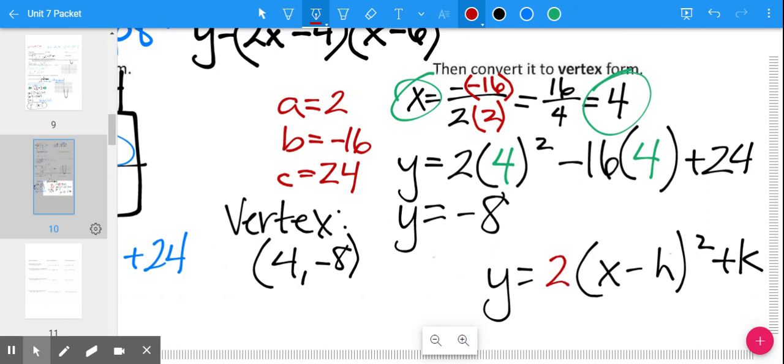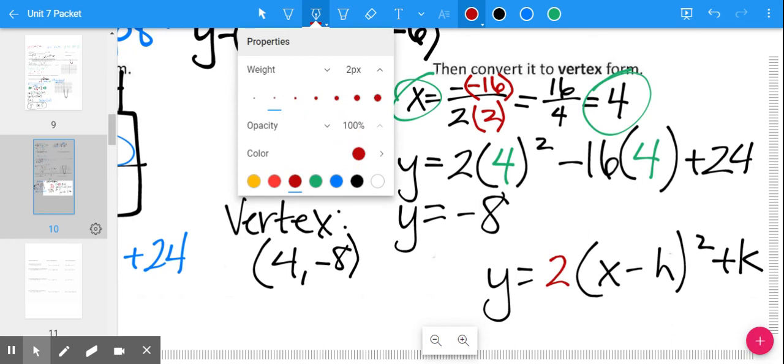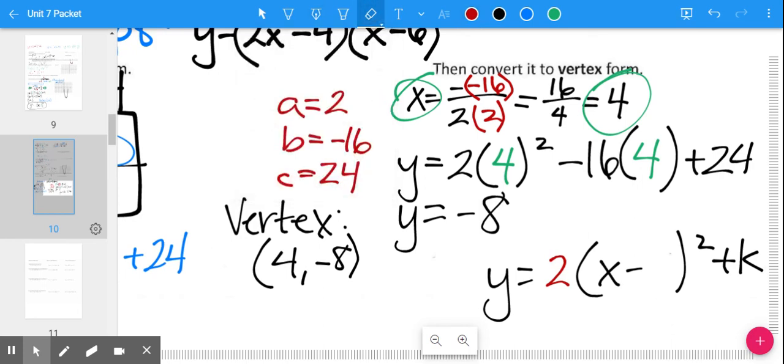The h value, remember, is the x value from your ordered pair. Your h value is 4, so I'm going to replace that with a 4. And your k value is the same as your y value, which is that negative 8. So we erase the plus k and put minus 8. And that's in vertex form.